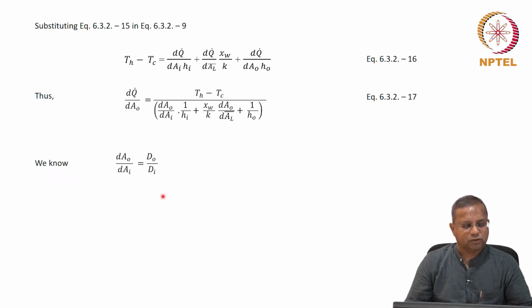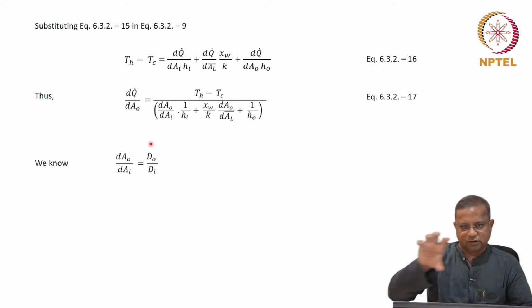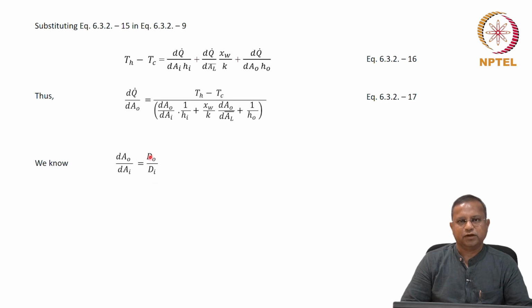We know that the ratio of the areas is nothing but the ratio of the diameters, because 2 pi L is the same. Pi d into L or 2 pi r into L, therefore, the L is the same, pi is a constant, and therefore, the ratio of the curved surface areas is the ratio of the diameters. dAo by dA L hash can be written as dO by dL hash, the logarithmic mean diameter.